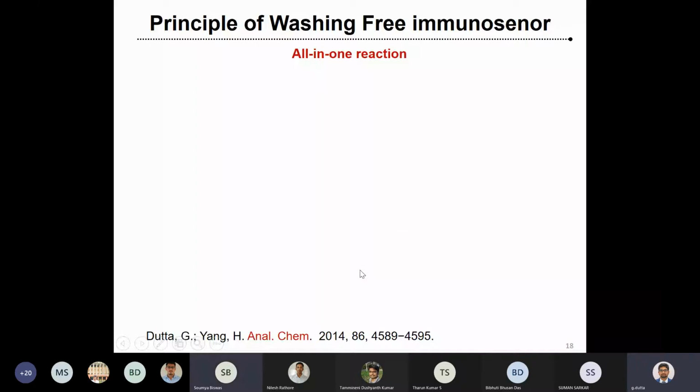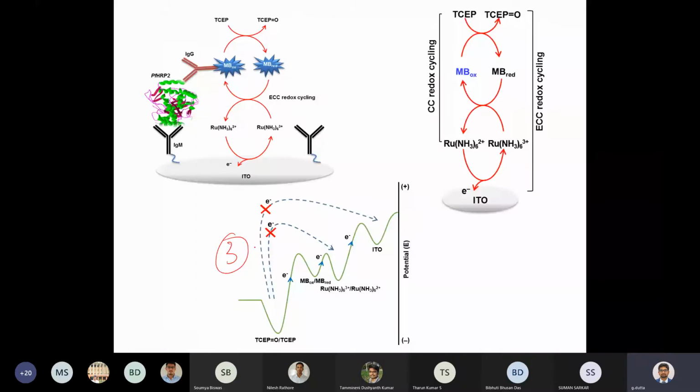So this one is basically the unwanted reaction that I already told you about. This signifies the cross reaction. I told you already when we developed the redox cycling based ECC biosensor, our main goal is that the signal to background ratio should be very high.